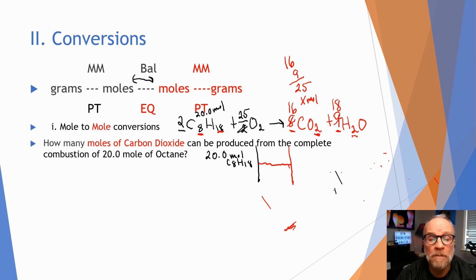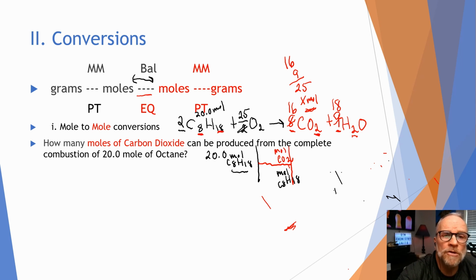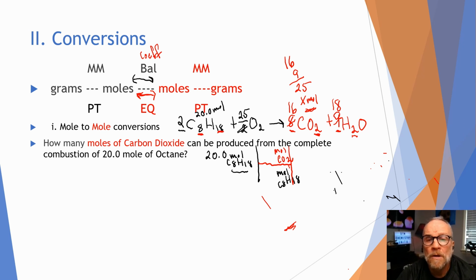What goes on the bottom of our conversion factor? Well, whatever we're starting with, right? So moles of C8H18 will go on the bottom. And what we're solving for goes on top, which is the moles of CO2. So when we go moles to moles, we use the balanced equation and the coefficients off that balanced equation. So what goes next to the CO2?